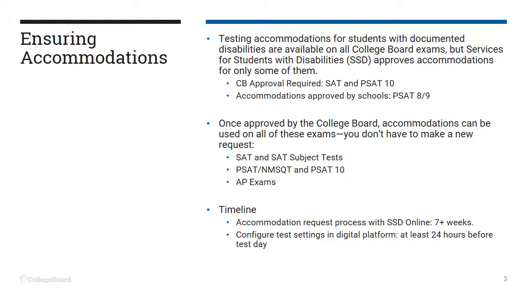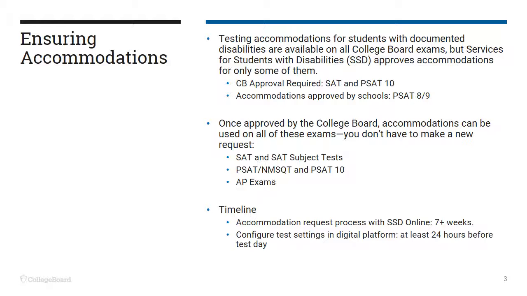Therefore, if a student has a documented disability, IEP, or 504 plan, it is best to start the approval process as early as possible to ensure that the student has the required accommodation for any tests that they may take, including SAT and SAT subject tests, PSAT and MSQT and PSAT 10, AP exams.